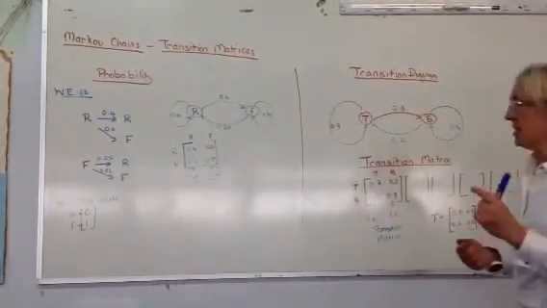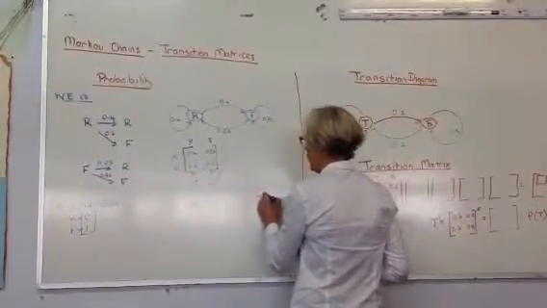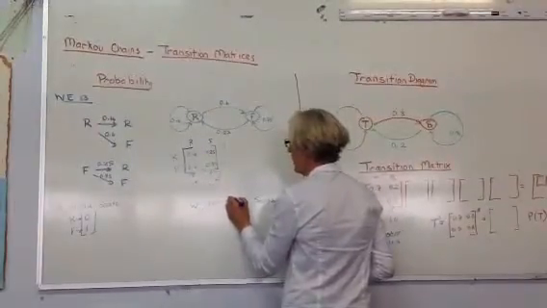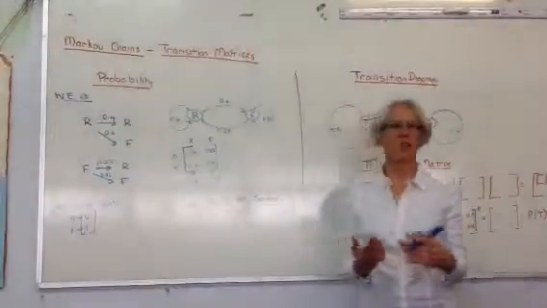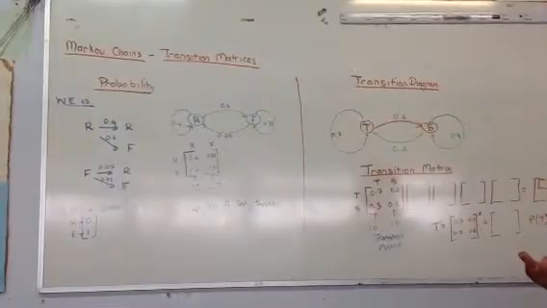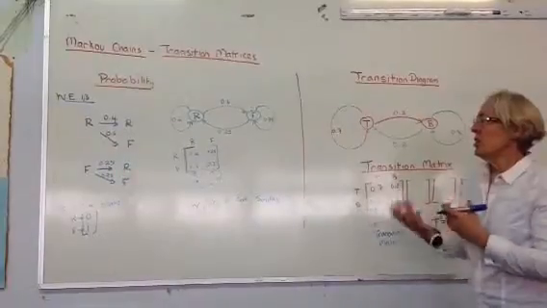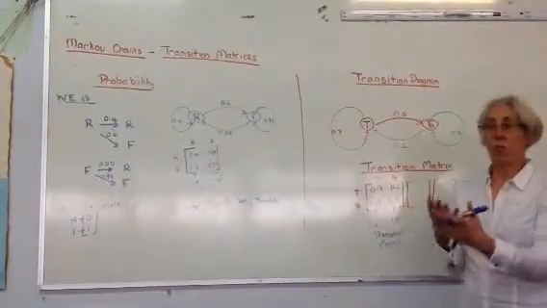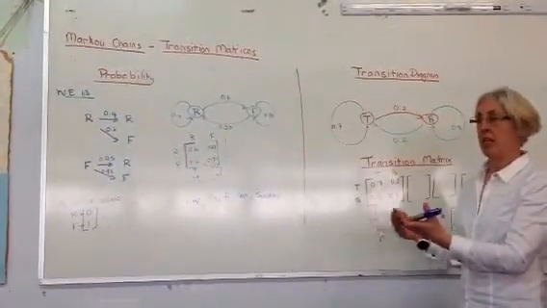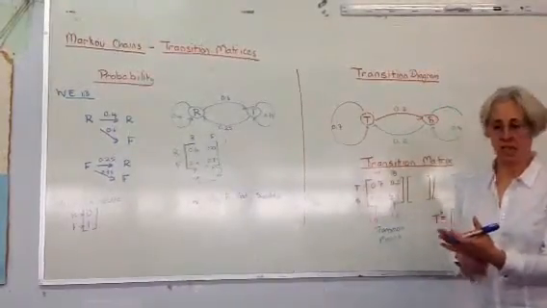Well, if today is Wednesday, and I want to find out what's happening on Sunday, I need to think about what's happening on Thursday, Friday, and Saturday in order to find out what's going to happen on Sunday.